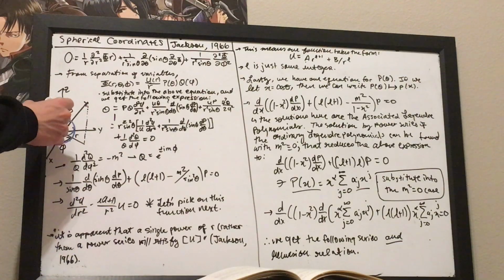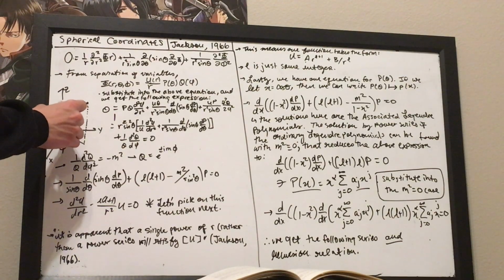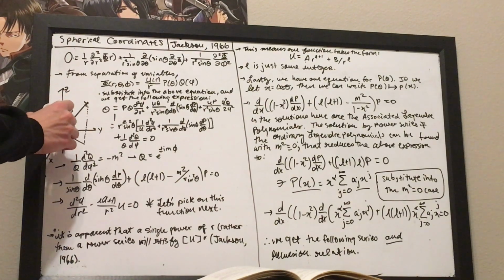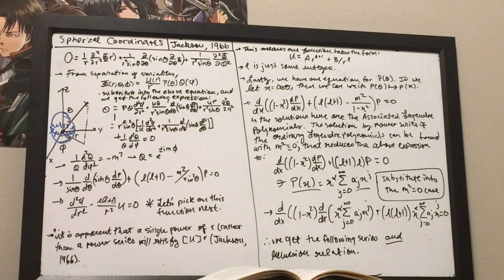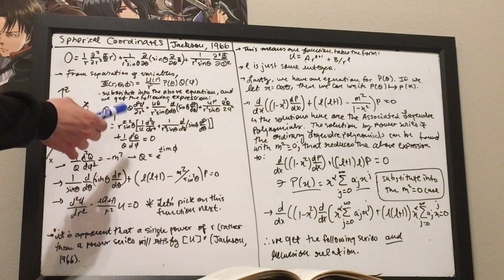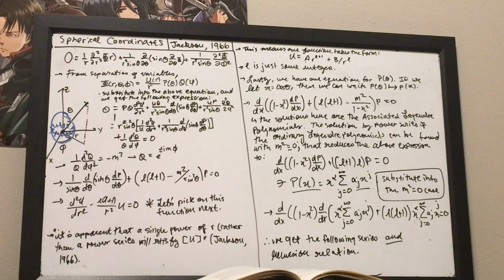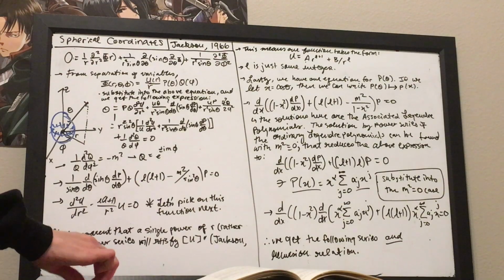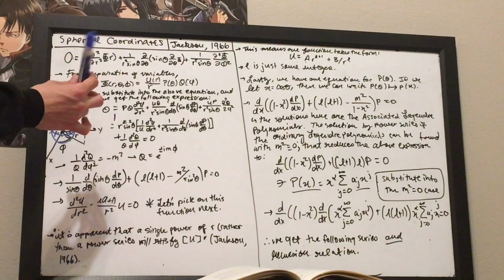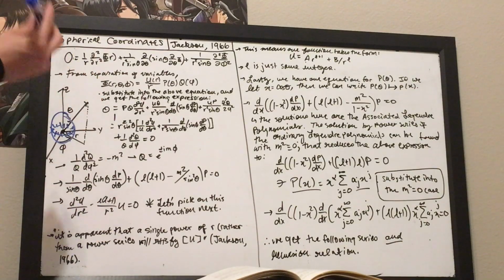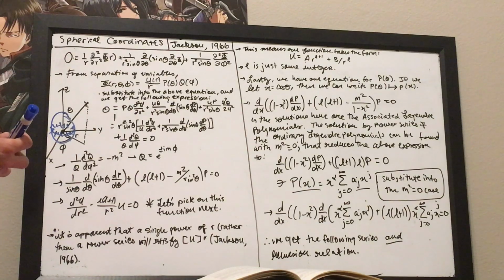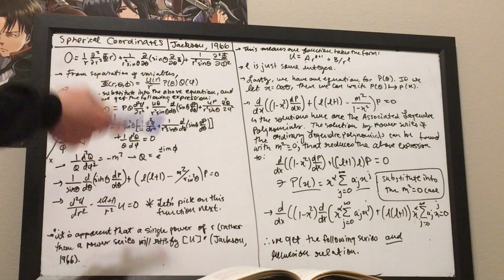Azimuthal symmetry just means that we'll get the same value for phi, or big Phi, all the way around our sphere there. So it doesn't matter which way you turn phi, the value of our function is not going to change. However, we might see a change if we move theta, and we might see some change in r. And we'll definitely expect to see some change with respect to r, because we have that 1 over r dependency.